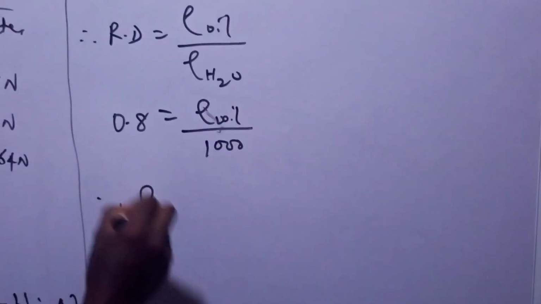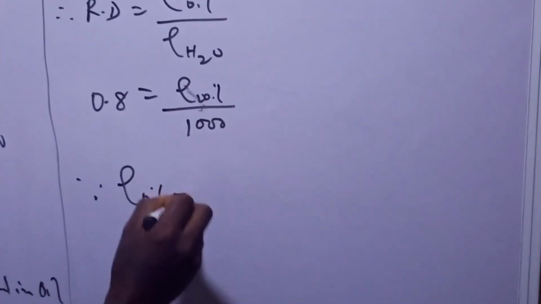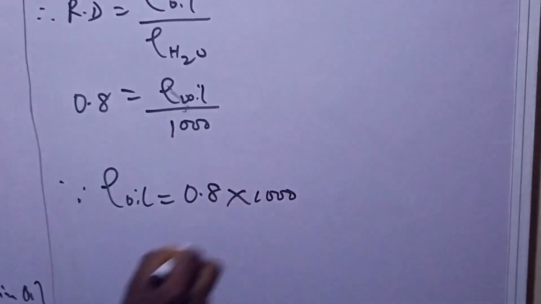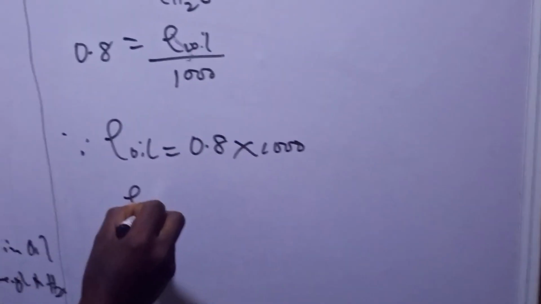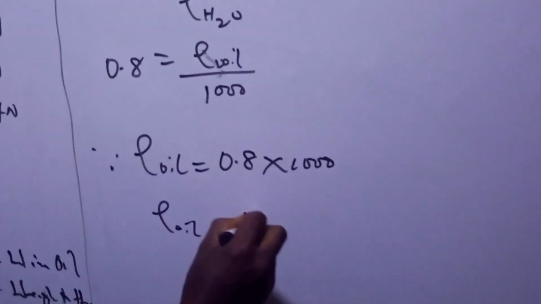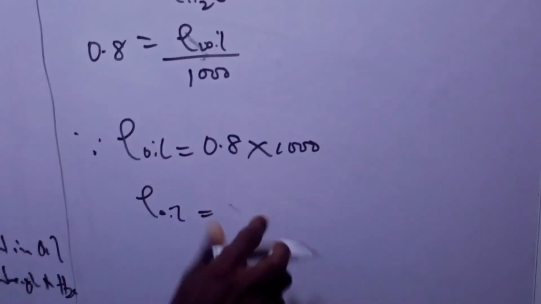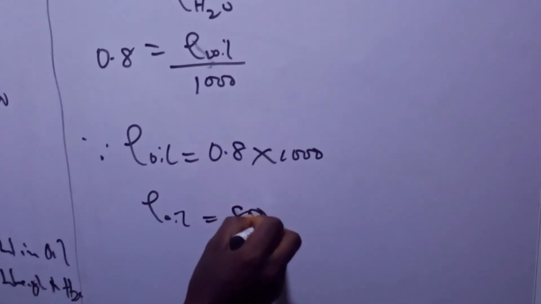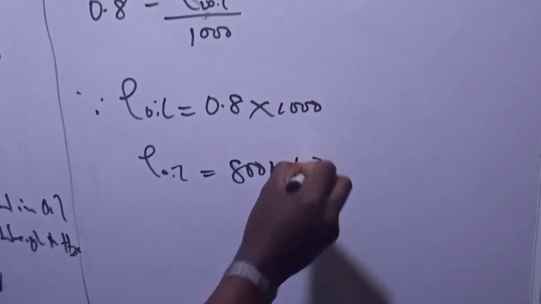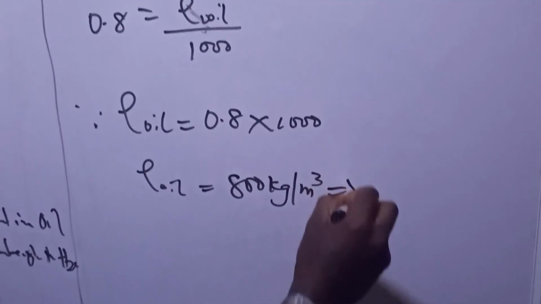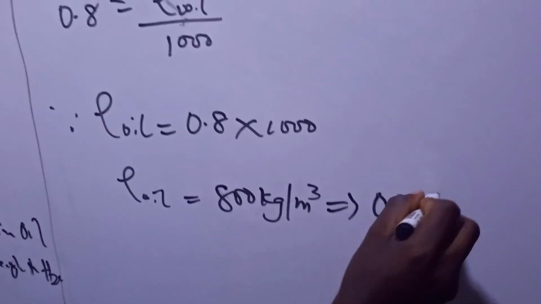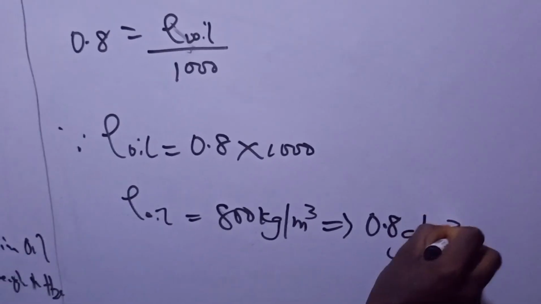Therefore, density of oil will be equal to 0.8 multiplied by 1000, which is 800 kilogram per meter cube, which is also equal to 0.8 gram per cm cube.